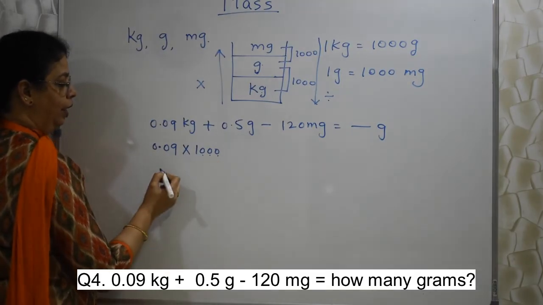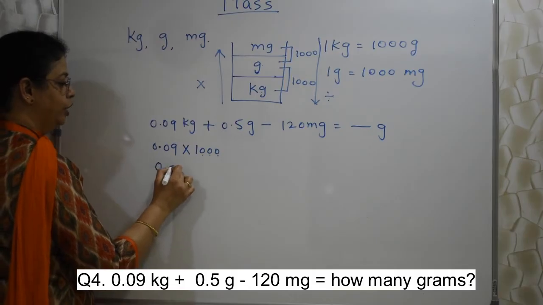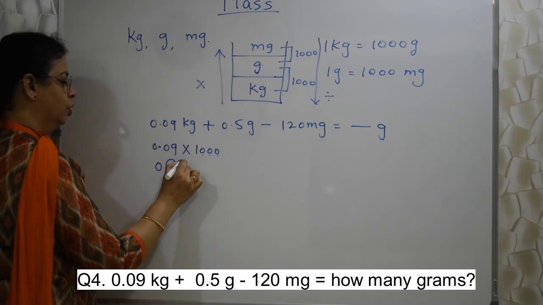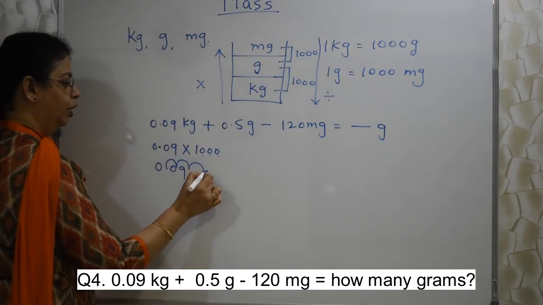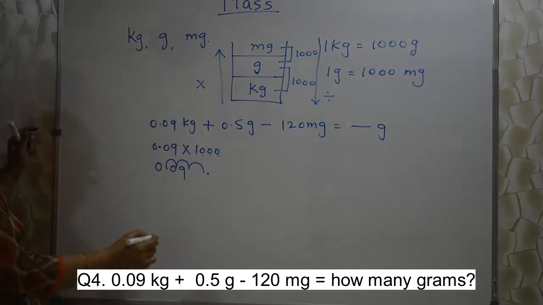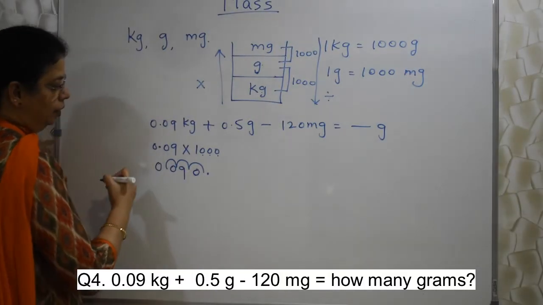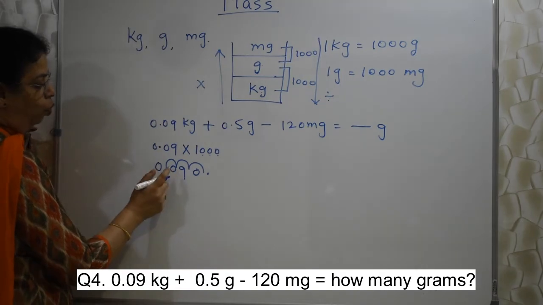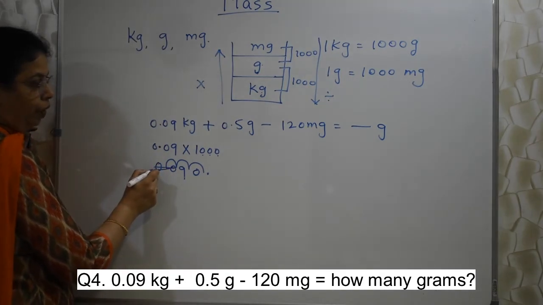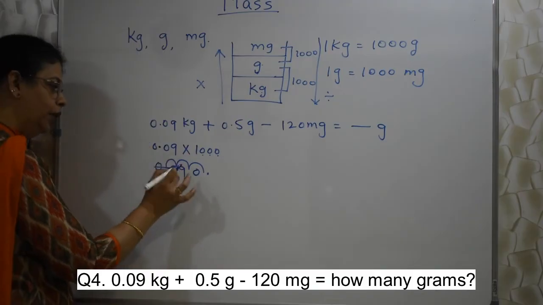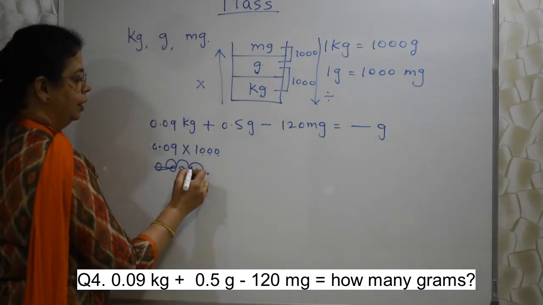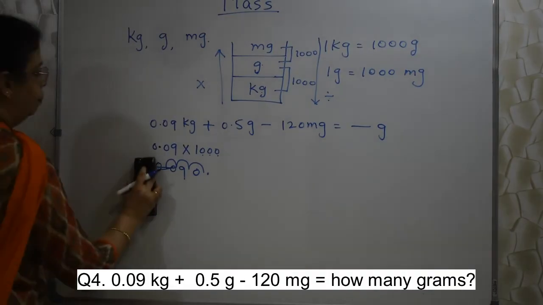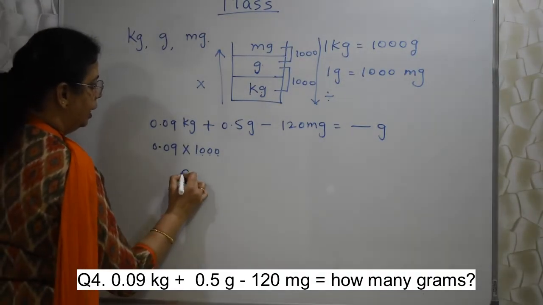How many zeros are there? 3. So this 0.09, this decimal will jump 3 times. 1, 2, 3, and it will come here. So I need to fill up this place with 0. 0090, this 0 will have no meaning at all. Okay, 0090 means only 90. So my answer is 90. Okay, so when I multiply this, I am getting 90.